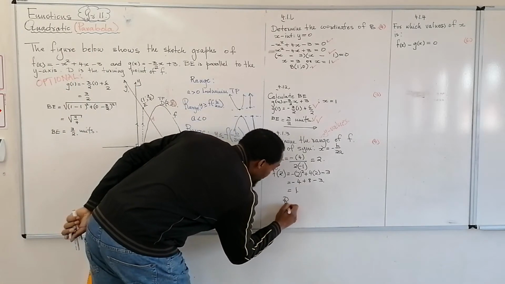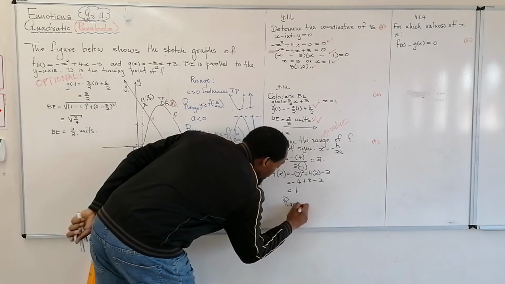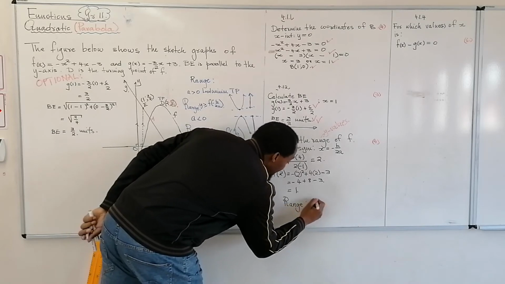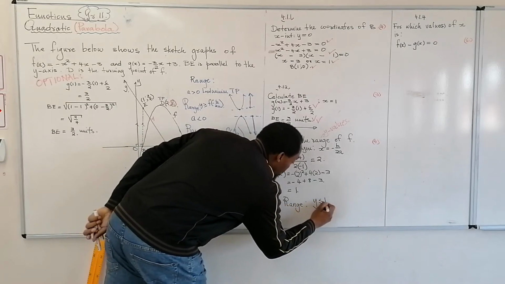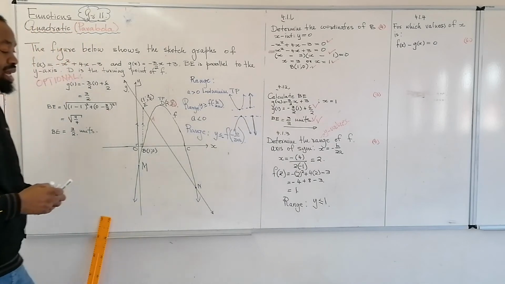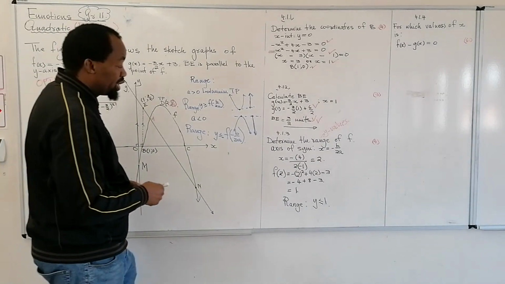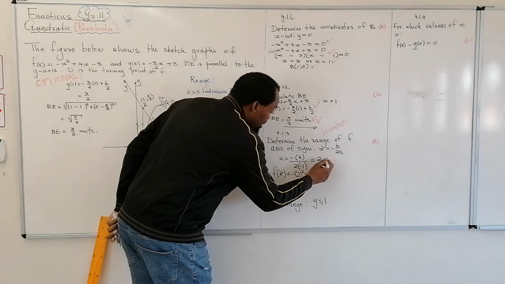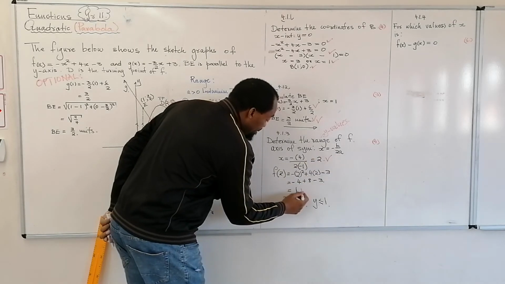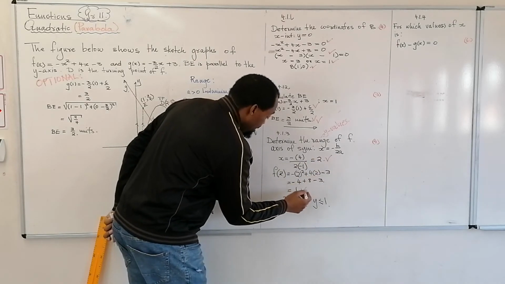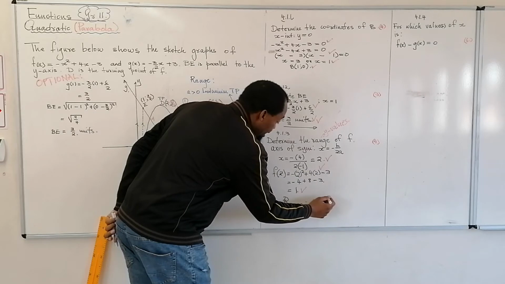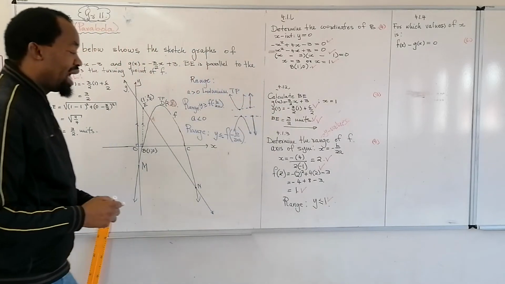That means now the range of f is y is smaller or equal to 1. We have answered that question. Remember, it was 4 marks. Your 1 mark is there, 1 there, 1 there, 1 for the answer.